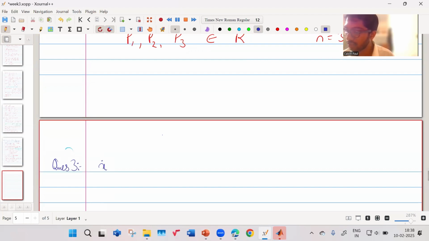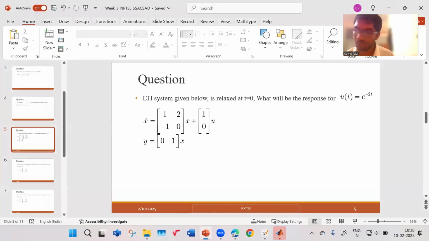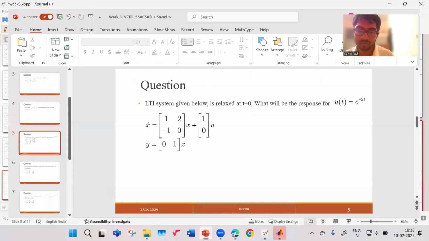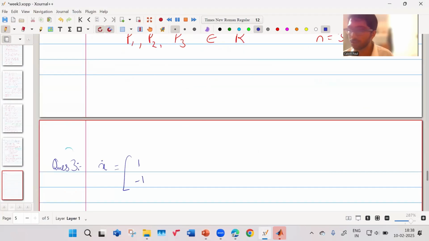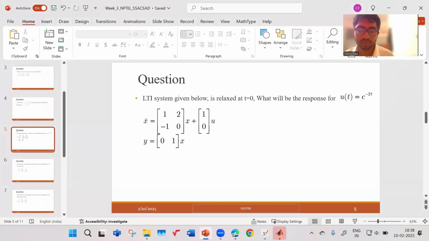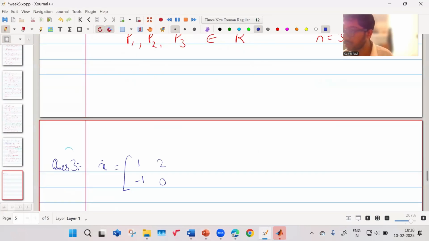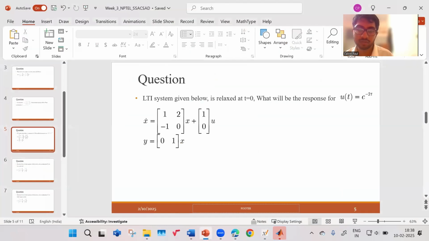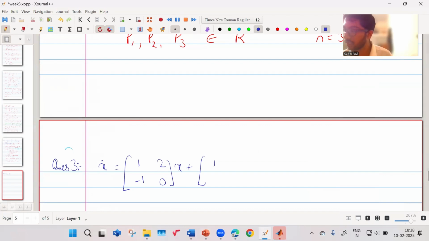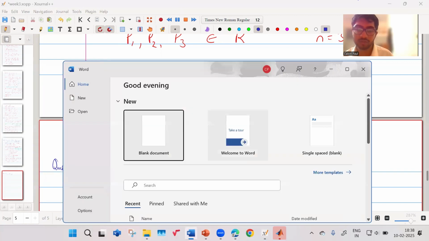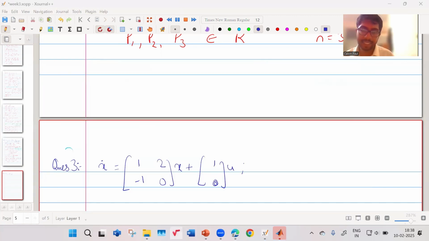Question 3: x dot is equal to [1 minus 1; 2 0] x plus [1 0] u, and y is equal to [0 1] x.